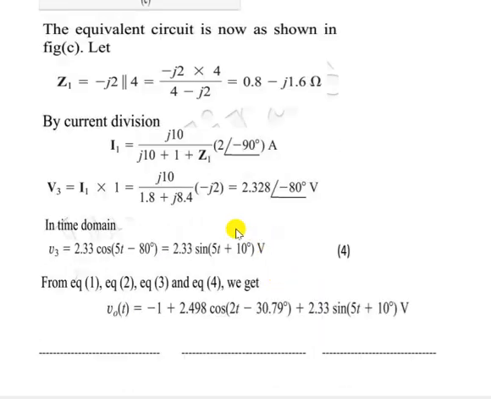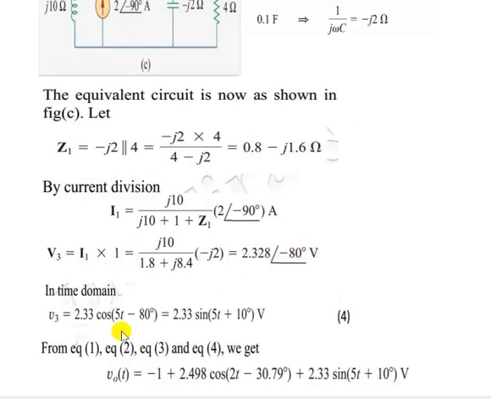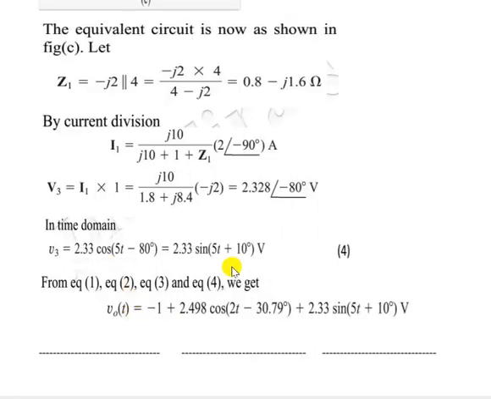Now in time domain, if you shift, conversion from this polar form, that is this value 2.328, then cosine of 5t, because omega equal to 5, 5t minus 98 degree. Now if you convert it into sine form, that means we have to add plus 90 degree, right?